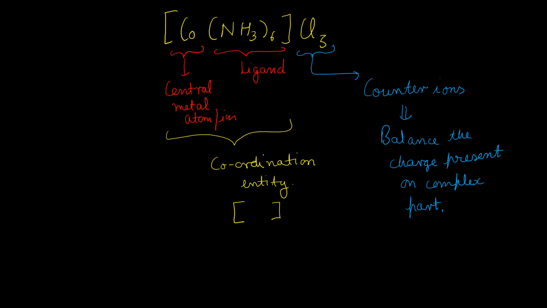For example, in this case, if 3 chloride ions are there, we know chlorine, since it has 7 electrons in its valence shell, needs one more electron, so it has -1 charge. So 3 chlorines are there, so it means it has 3 minus. So if 3 minus charge is present on 3 chloride ions, it means this complex part will be a cation and it will have 3 plus charge over it. In this way, the whole of this compound will become neutral.